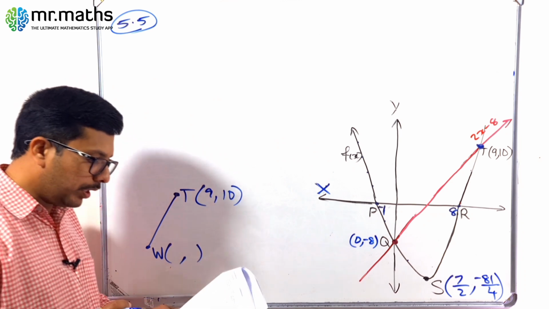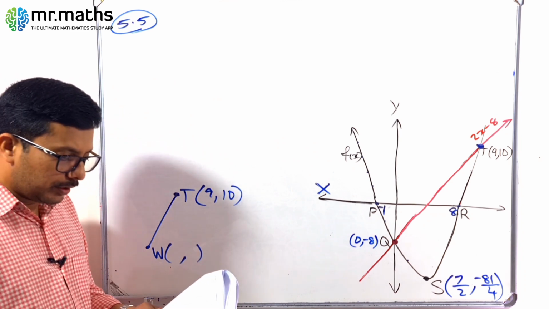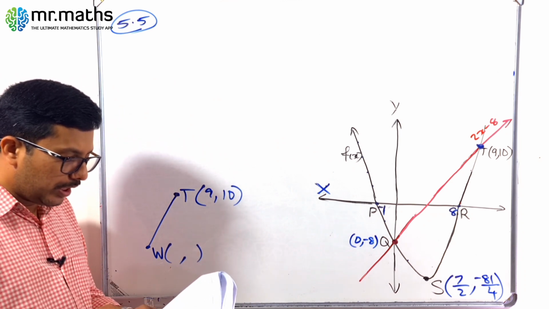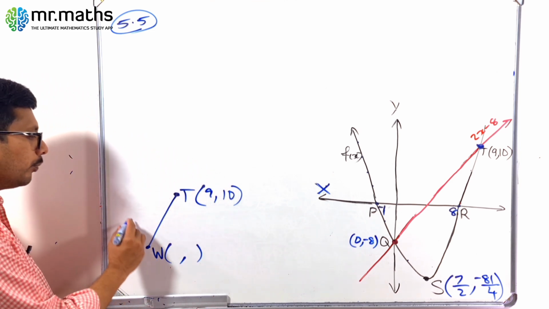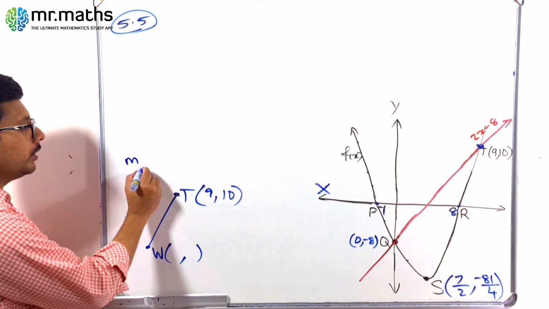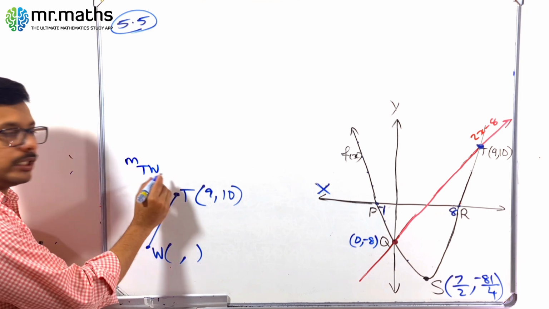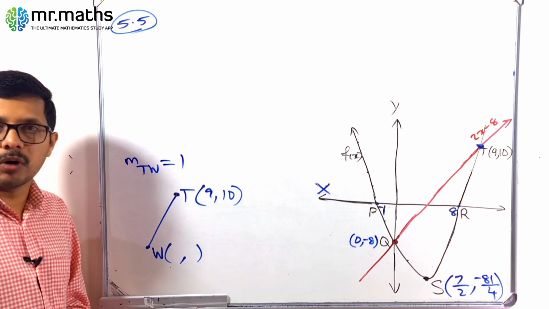Now, the gradient between T and W, m of TW, is given as positive 1.